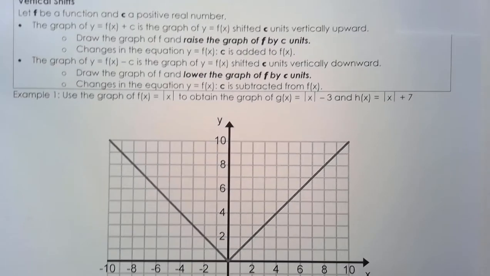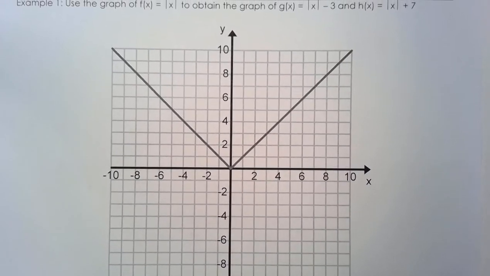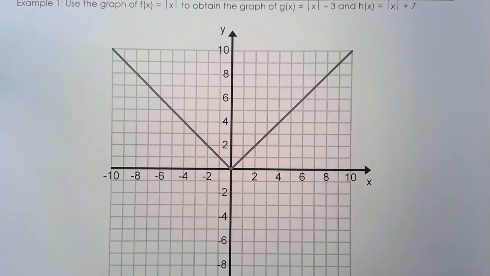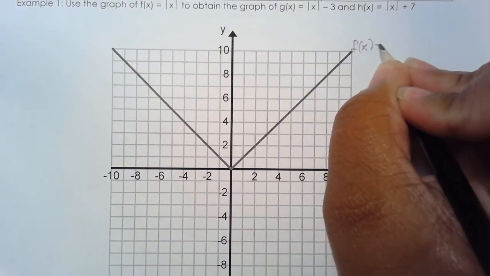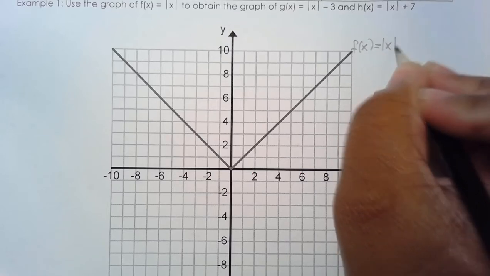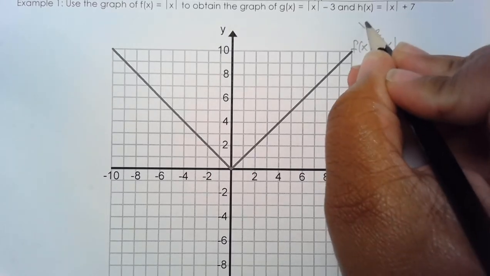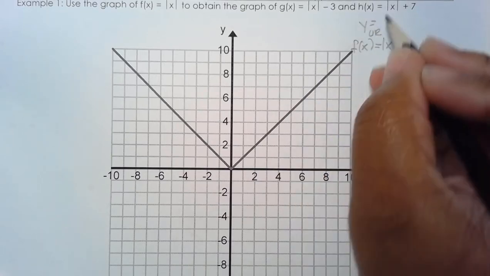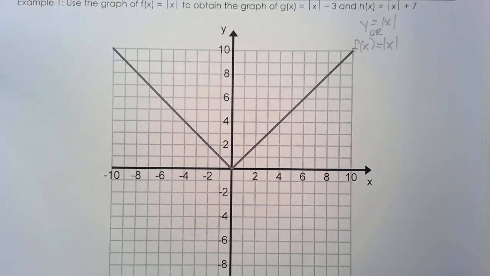So here you have your parent function. This is your f of x equals the absolute value of x. Or we can also call this our absolute value equation. Instead of using f of x, we can use y equals the absolute value of x.